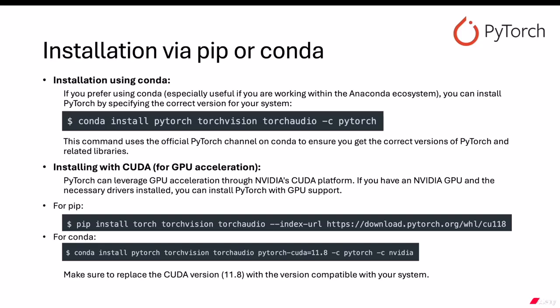For pip, you can say pip install torch torchvision torchaudio --index-url and give the URL https://download.pytorch.org/whl/cu118. And for conda, conda install pytorch torchvision torchaudio pytorch-cuda=11.8 -c pytorch -c nvidia. Now make sure to replace the CUDA version 11.8 with the version compatible with your system.